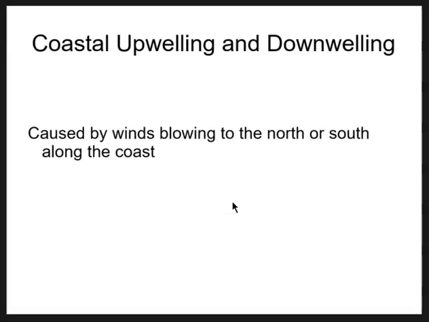So coastal upwelling and downwelling occurs due to winds blowing either to the north or to the south along the coast. Now, previously, you learned about Ekman transport, and you may want to revisit Ekman transport before going on further, because Ekman transport is the phenomenon that creates the upwelling or downwelling in these situations.